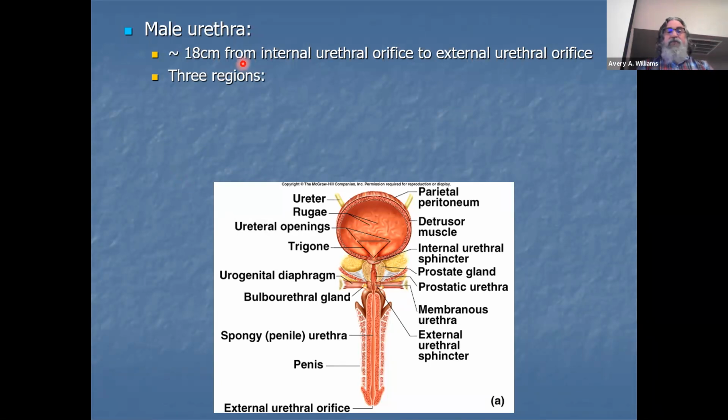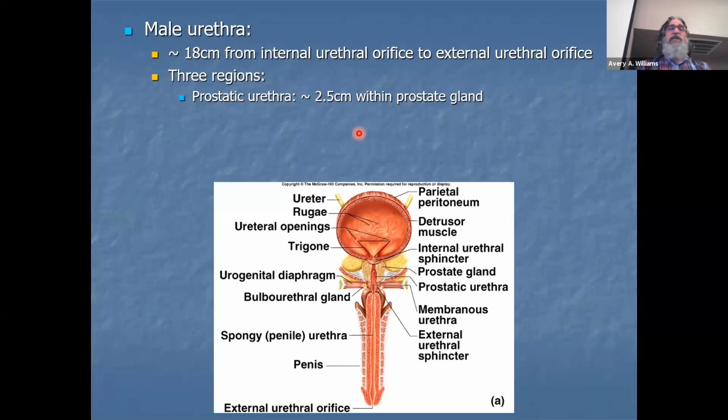Now, the male urethra, since there's more stuff that goes through, we identify different parts of it. There's 3 regions. First, the prostatic urethra. Prostatic means of the prostate, right? At the base of the male's bladder is a prostate gland right here. And so that part of the urethra that passes through it is the prostatic urethra.